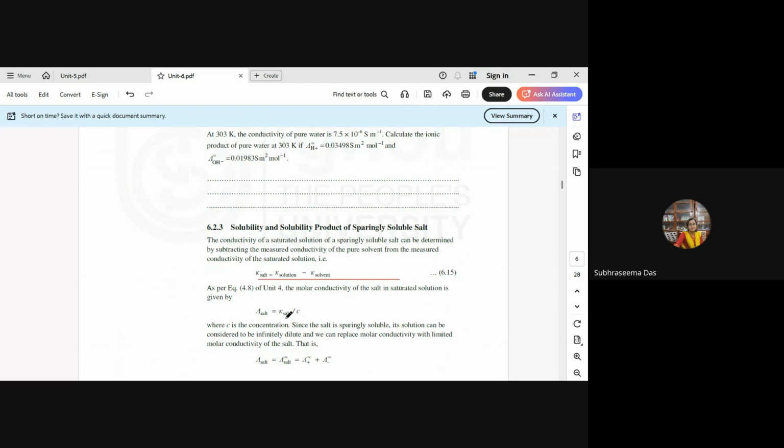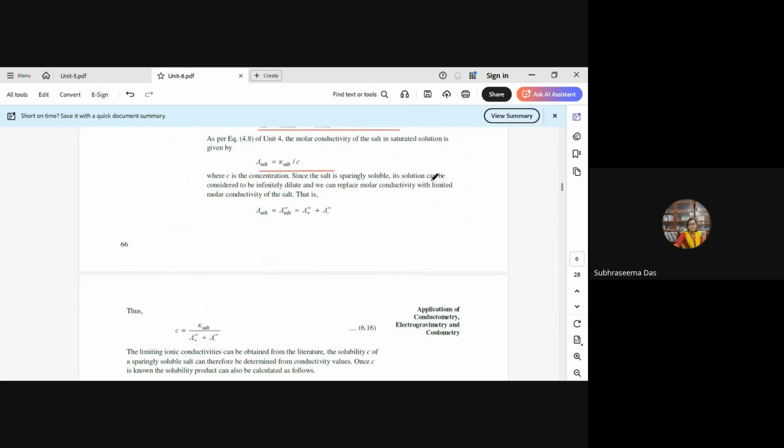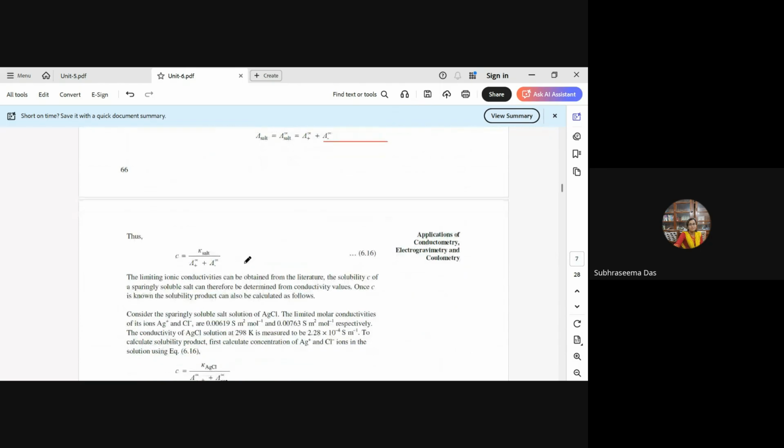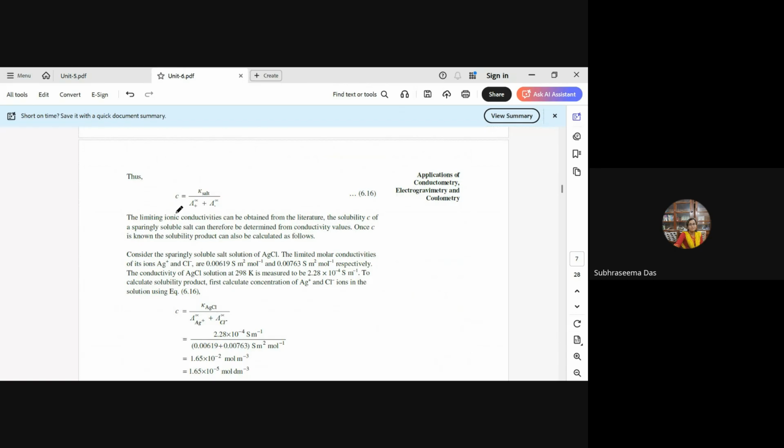The molar conductivity is given as lambda of salt equal to kappa of salt by C. Also, lambda of salt is equal to lambda at infinite dilution of the positive ion plus lambda at infinite dilution of the negative ion. So here C is equal to kappa of salt by lambda plus and lambda minus.